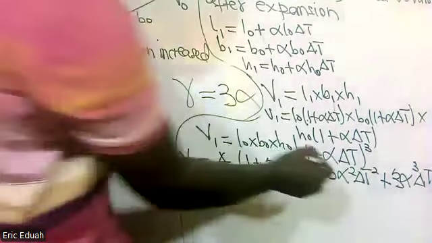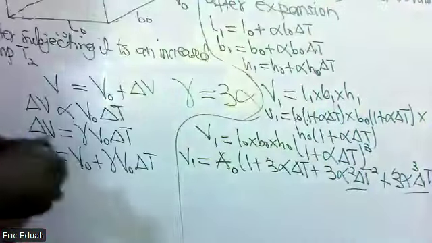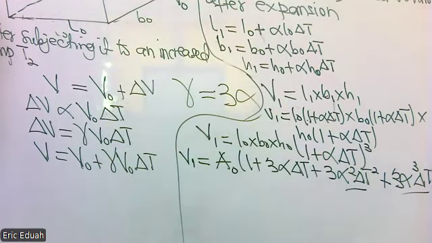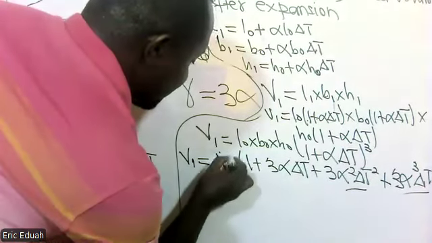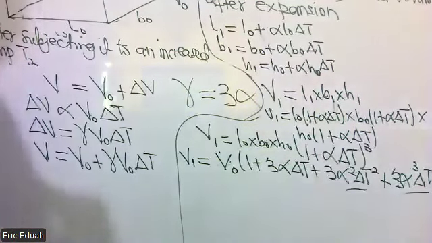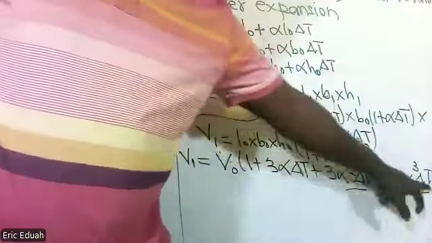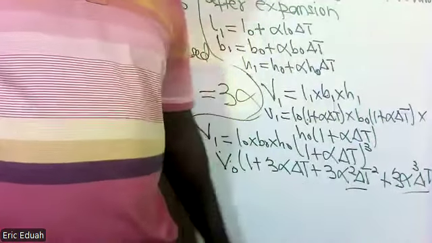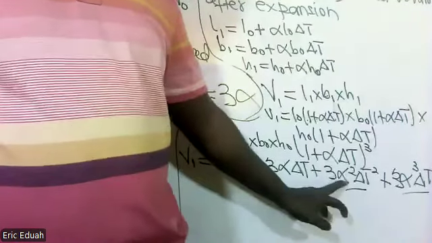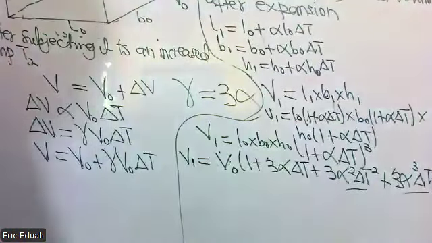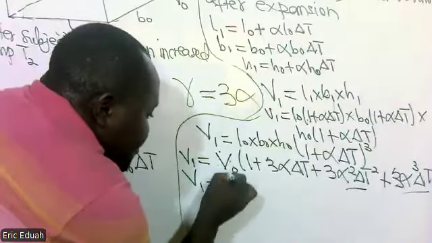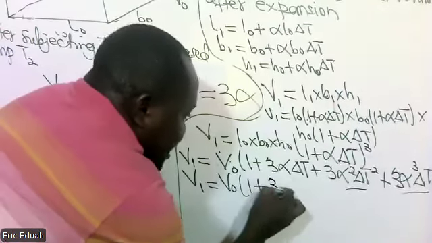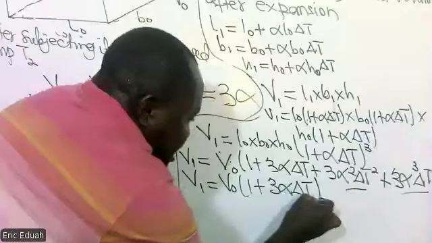And this part and this part all go to 0. Okay, so all this part goes to 0 because as you raise the power of linear expansivity, they get close to 0. So you have V1 equal to V naught times (1 plus 3 alpha delta T).